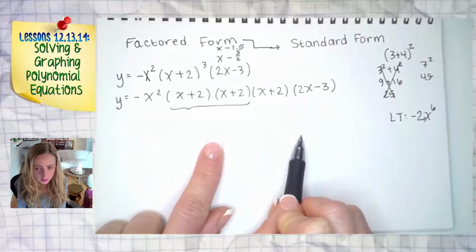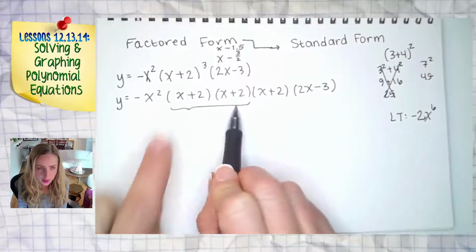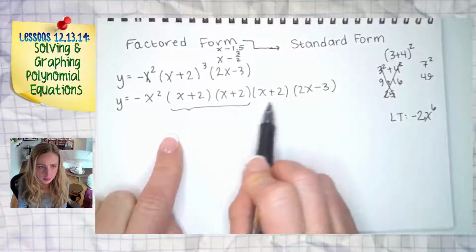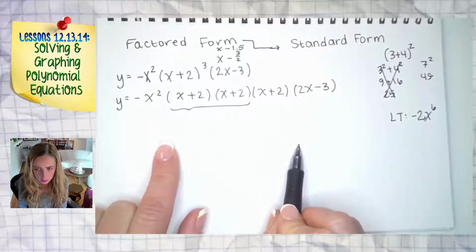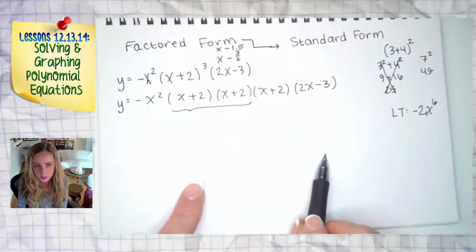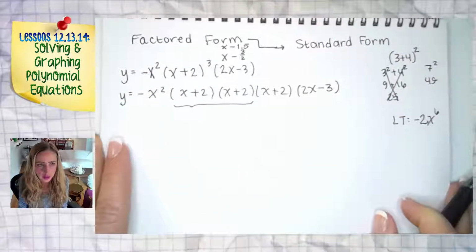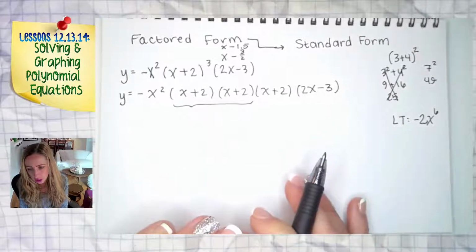That's option 1. Option 2, I will FOIL that. I will get a trinomial. Then I'll multiply it by this. I'll get a new polynomial. And then I'll multiply that by this and get another one. So which one do you guys prefer? And I'll just do it that way. Option 1 or option 2?